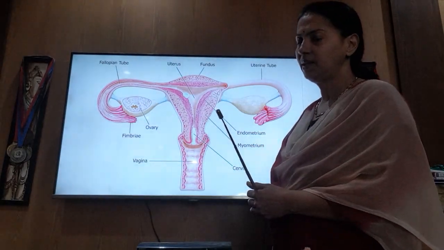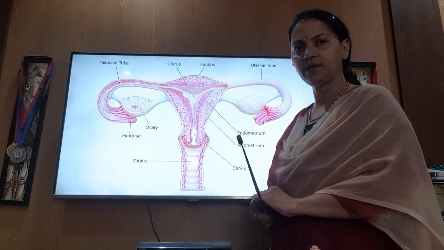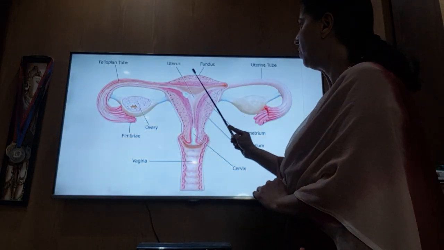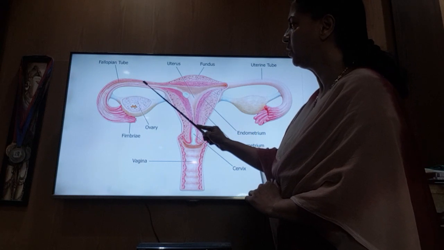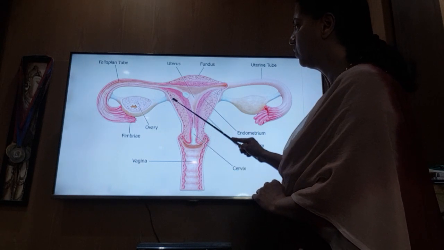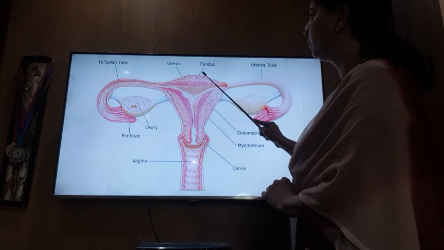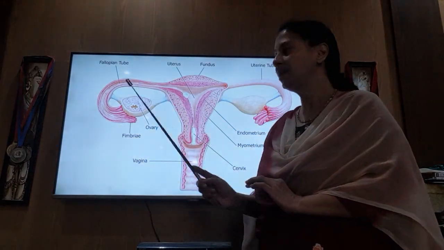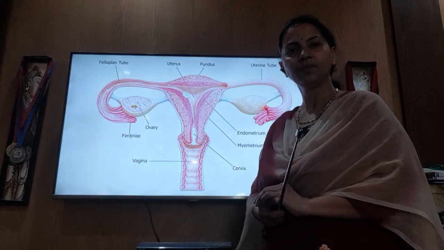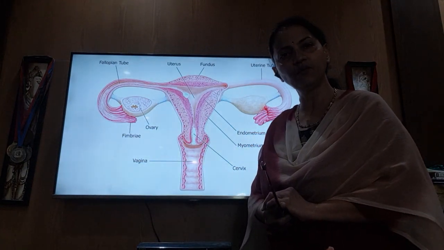Lymphatics. Now in lymphatics we have got a little distortion. Why? Because the upper part of fundus, because it is related to the fallopian tube, related to the ovary, the upper part of the body and fundus are going to drain in the same lymph nodes where these structures are draining. That means the aortic lymph nodes.